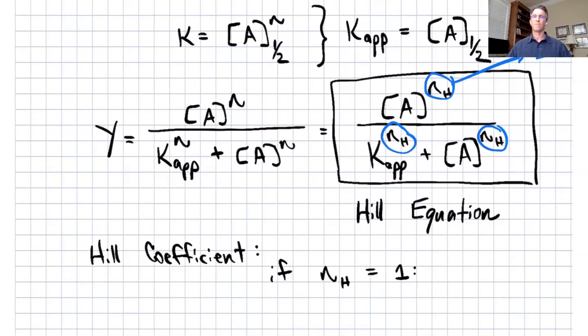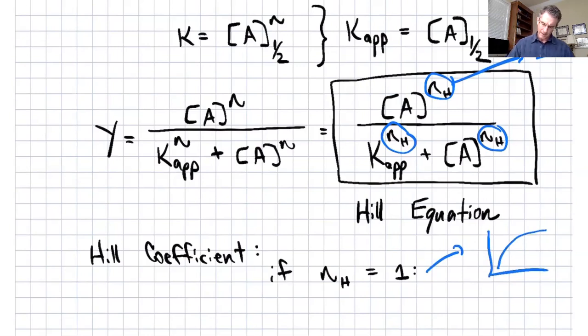There could be more than one binding site, but a Hill coefficient of 1 means there's nothing going on. They're all independent. They might as well be isolated binding sites. There's no cooperativity at all. The binding behavior reduces to what you've seen before, a completely hyperbolic binding plot.